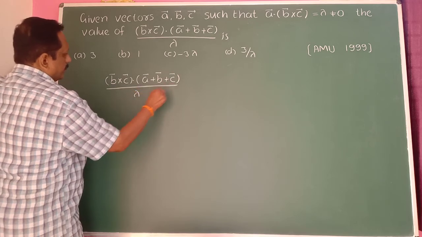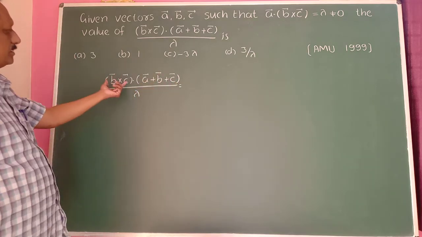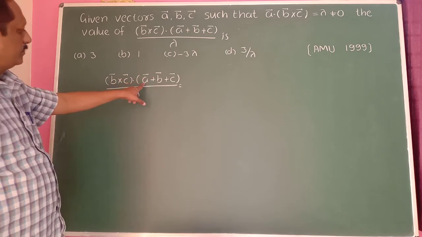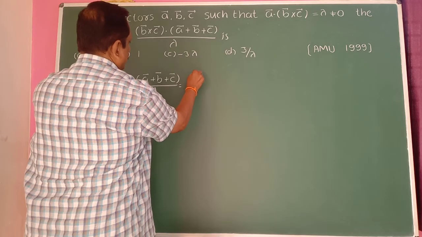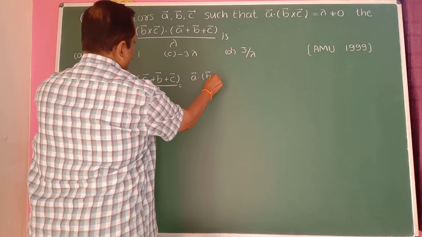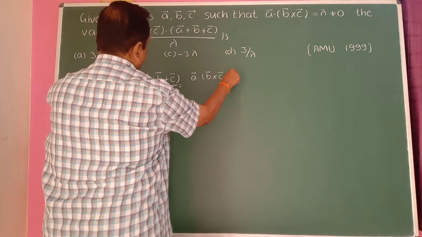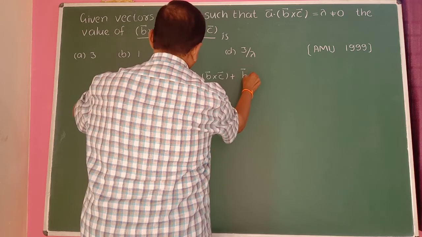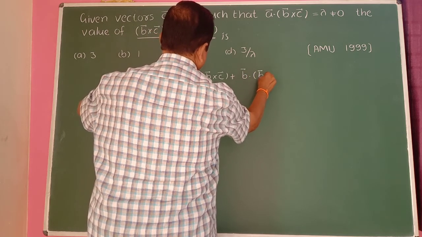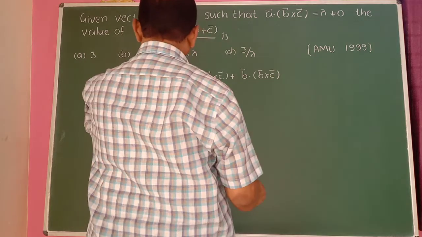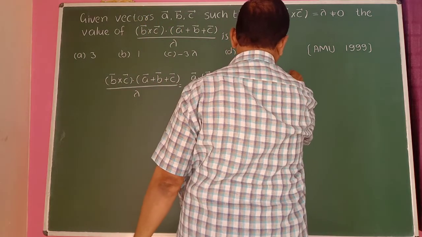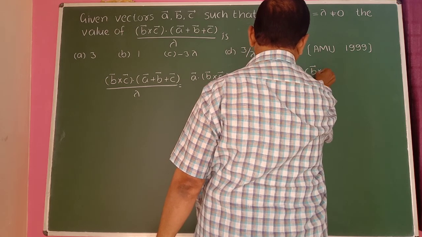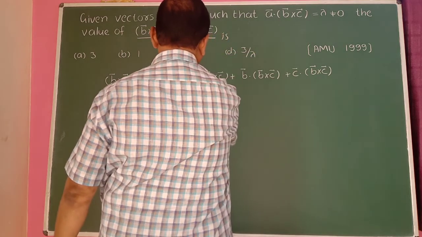Therefore, taking this vector inside the bracket, A bar dot of B bar cross of C bar, then plus B bar dot of B bar cross C bar, plus C bar dot of B bar cross C bar, all divided by lambda.